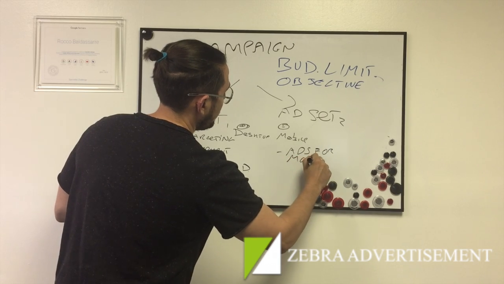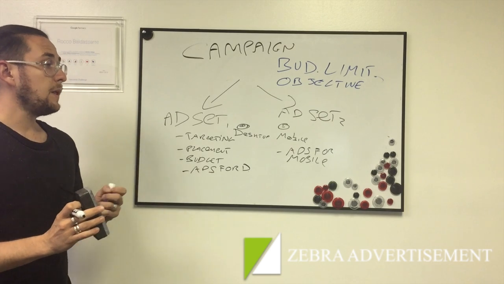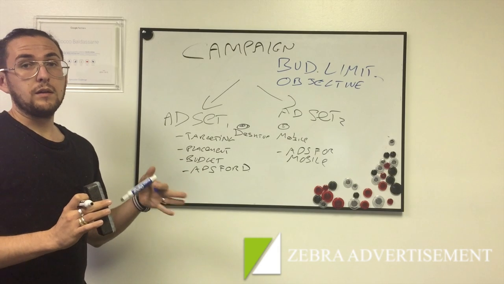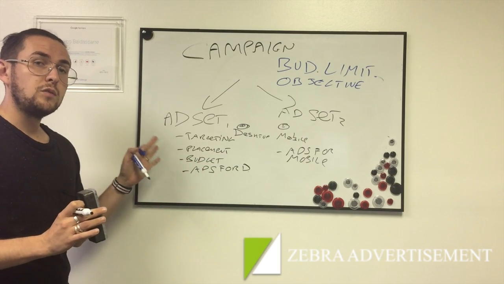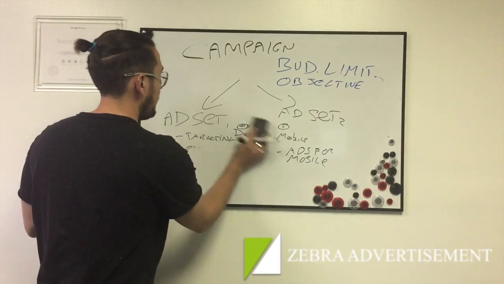Not many advertisers do that because Facebook recommends you to have an ad set set up with all targeting in place, but you do not want to target all placements in one ad set because that doesn't work out well for your campaign.